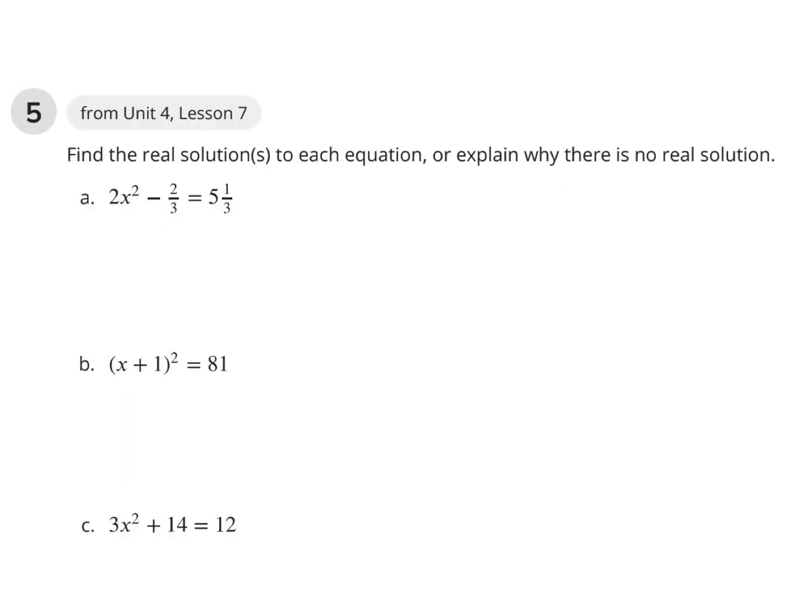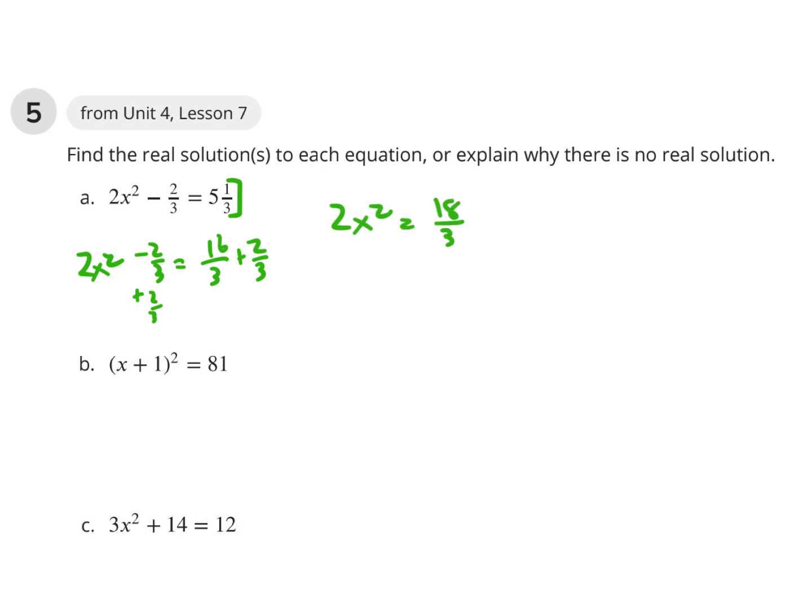Okay, so let's find solutions if we can. So basically, first thing I'm going to have to do is put this fraction into an improper fraction. Then I have to add 2/3 to both sides. That gives me 2x squared is equal to 18/3.